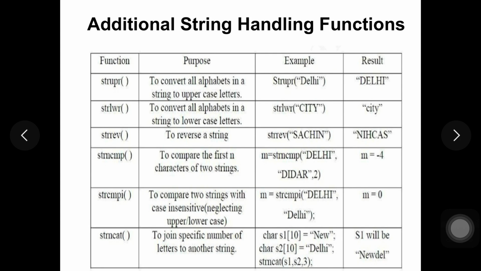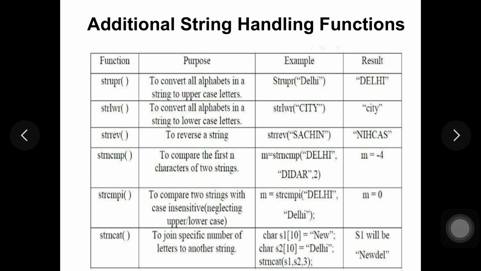If I explain with an example, you can see m is equal to strncmp Delhi, comma Didar, comma 2. What does 2 mean? Only the first two characters are compared with each other. D, the first character from the first string, and D, the first character from the second string, are compared, and they are the same.